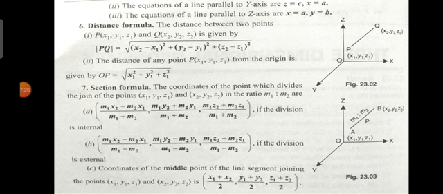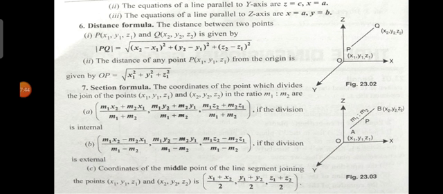Next one is the distance formula, that is the distance between 2 points. If 2 points have been given in a plane, then what is the distance? It is a formula. Distance is always positive, so we take the modulus.